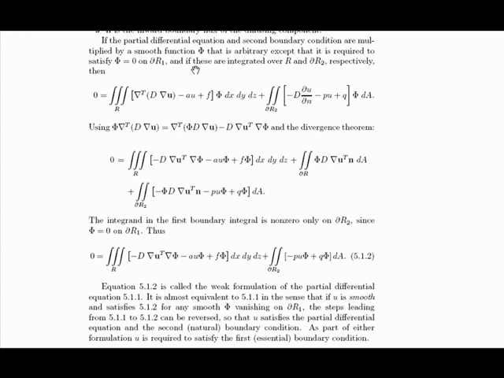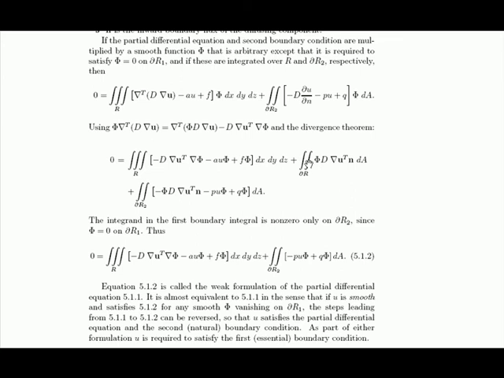And then I forgot to mention that we're assuming phi is arbitrary and smooth, except that it satisfies phi equals 0 on the essential boundary, del R1. So phi is arbitrary except that it's 0 on del R1. Therefore, this is 0 on del R1, but not necessarily on del R2.